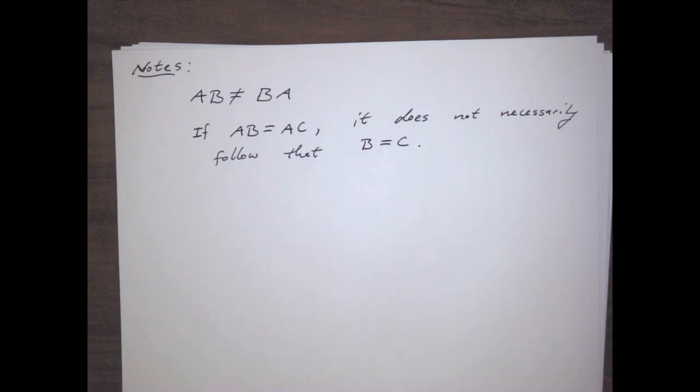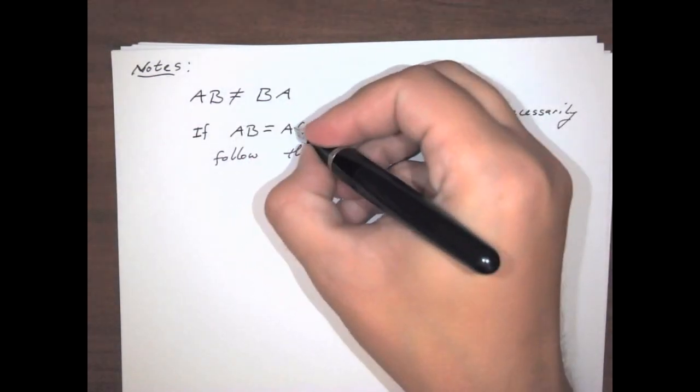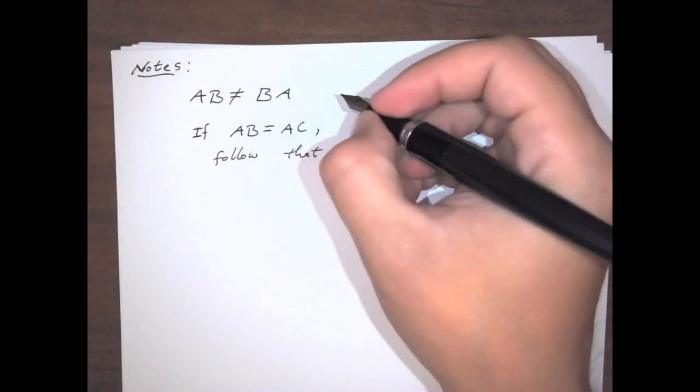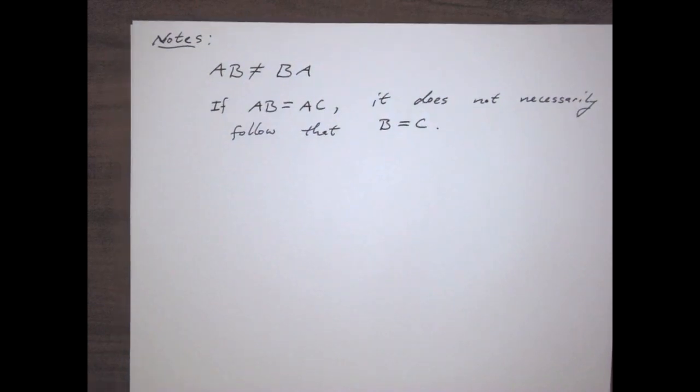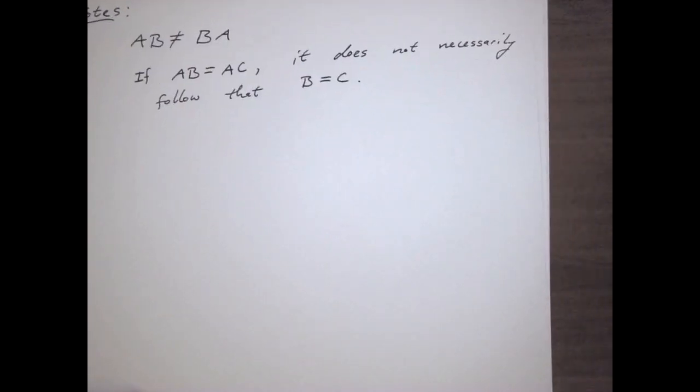That's basically what happens whenever you divide both sides of an equation by something. However, that is not the case for matrices. It does not follow that if the products are the same and they have the same first factor, that the second factor is also the same. So that's also not true.